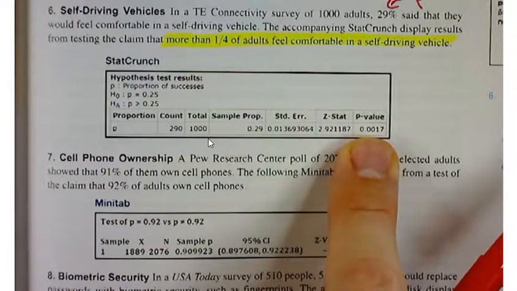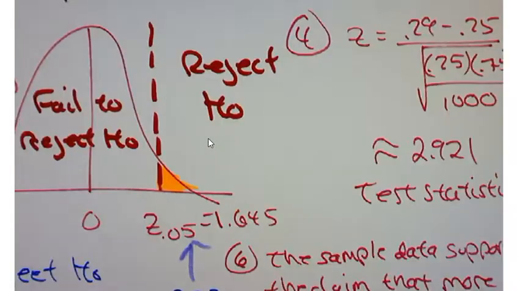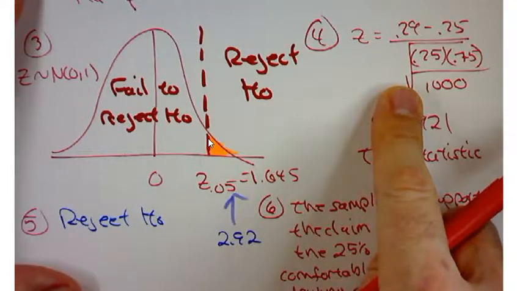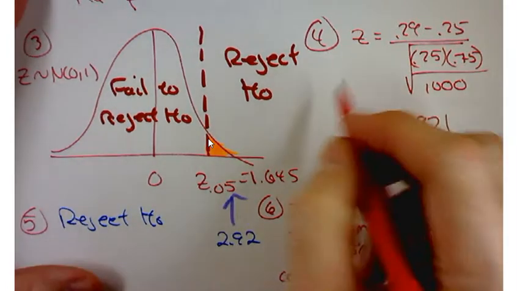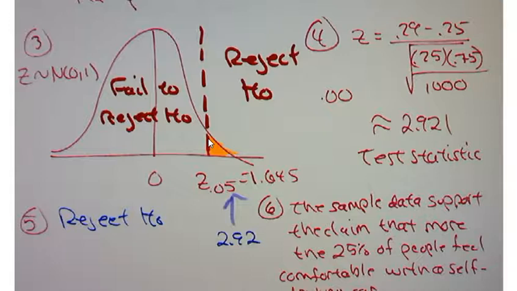The p-value is given to us, right? It's 0.0017. Is that less than 0.05? Cool. So basically, we could have skipped step 3 and 4 and said, okay, well, I got my p-value. I guess step 4 kind of gets replaced by the p-value as 0.0017.